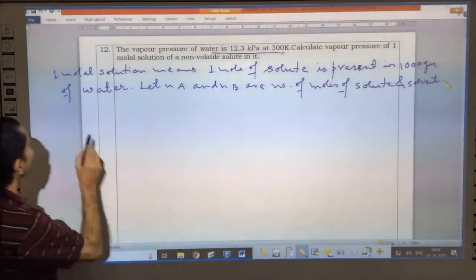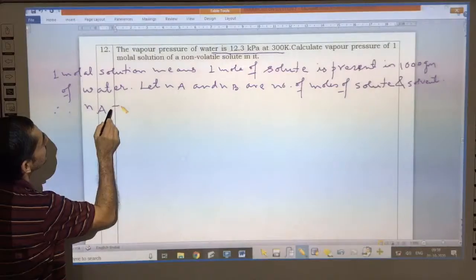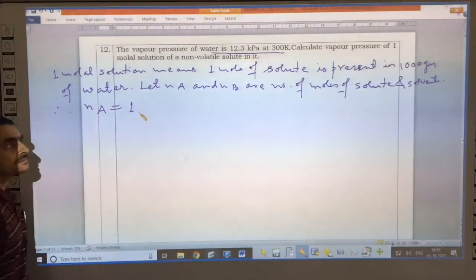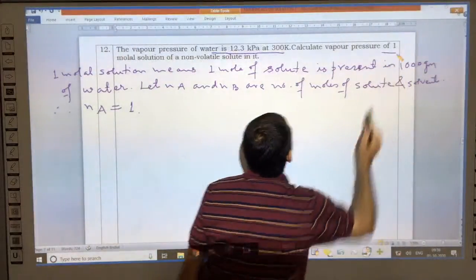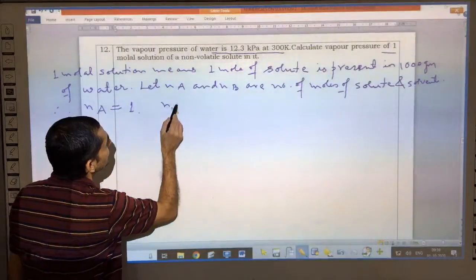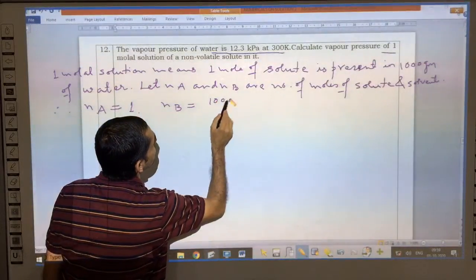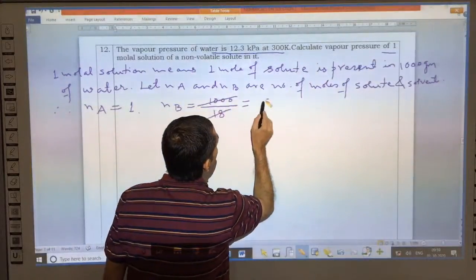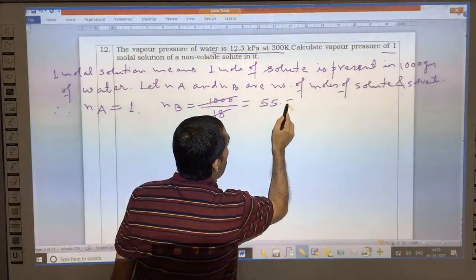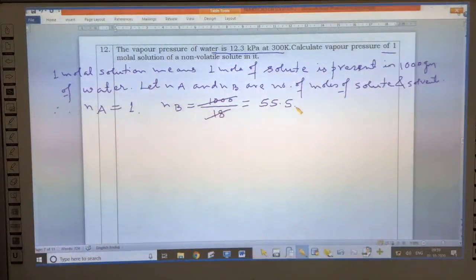So we know, therefore this is given, number of mole of solute is equal to 1. It is already given 1 mole. Here it is written 1. Then number of mole of water will be equal to 1000 gram of water upon its molar mass. This is equal to 55.5.